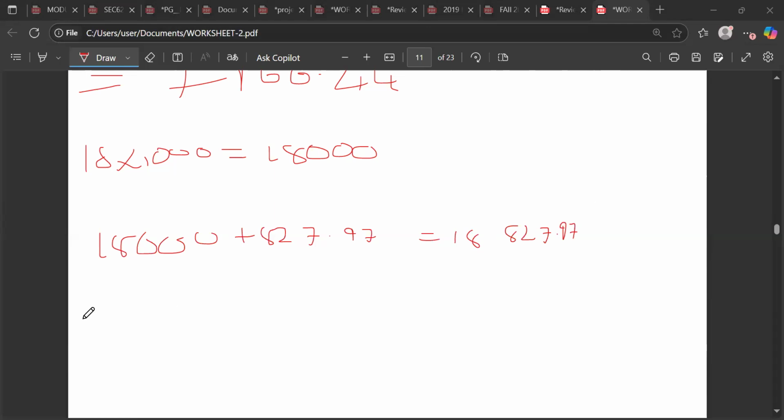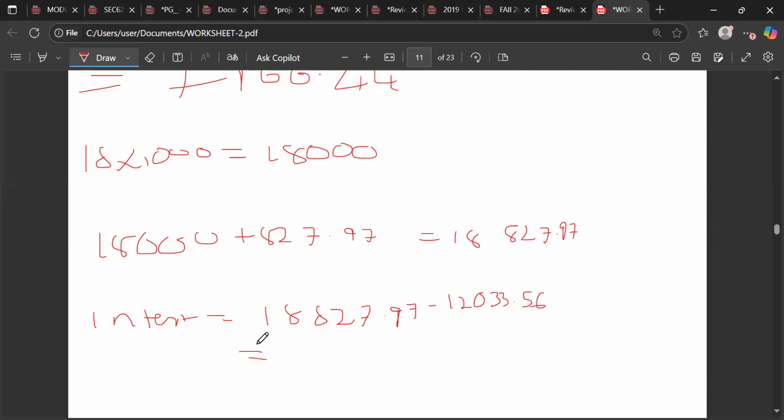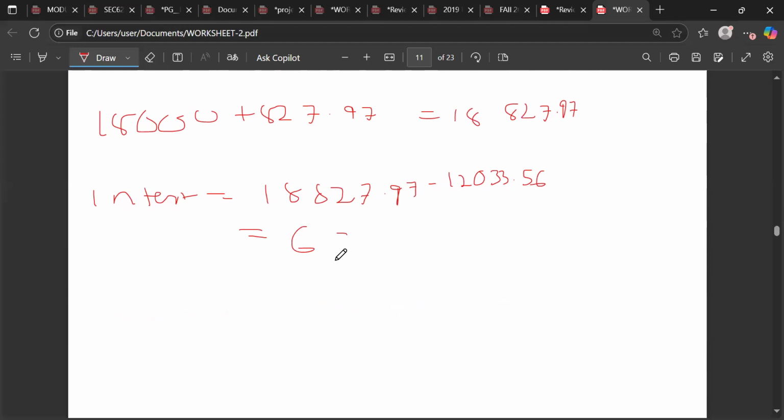The interest paid in total will be that minus 12,033.56, which will give us a difference of 6,794.41.